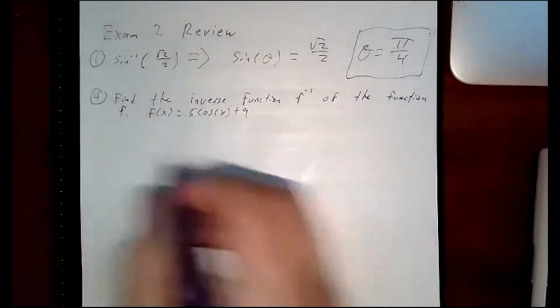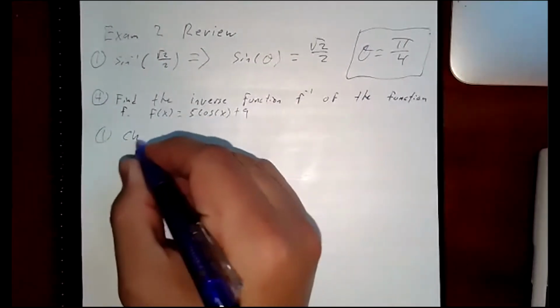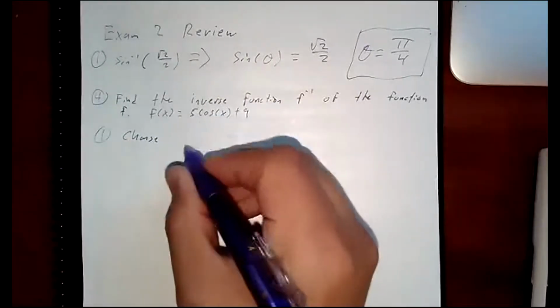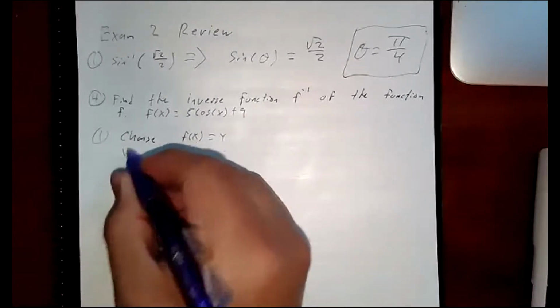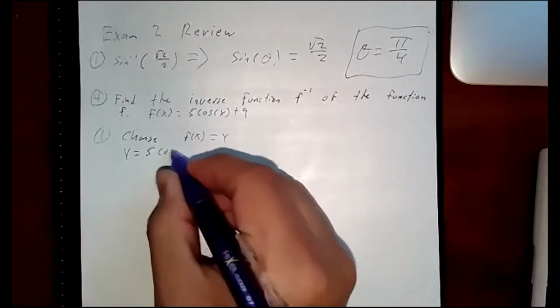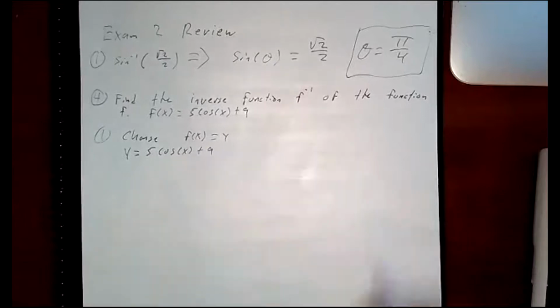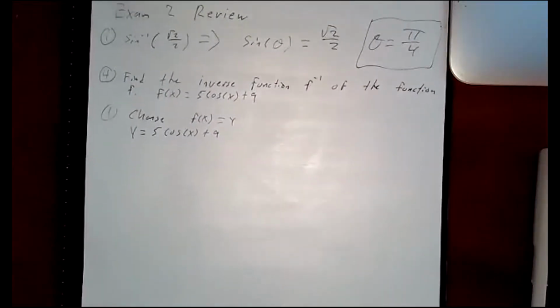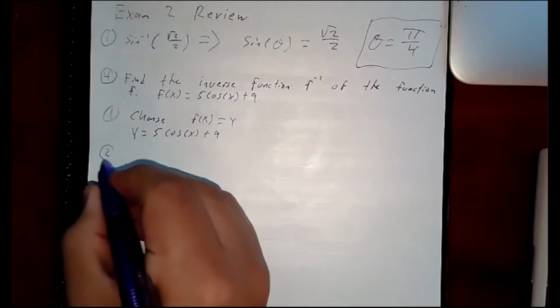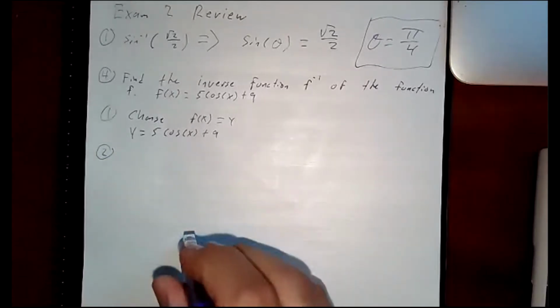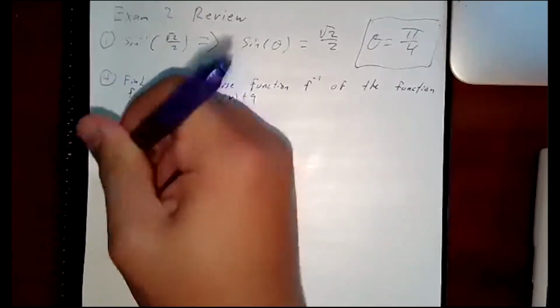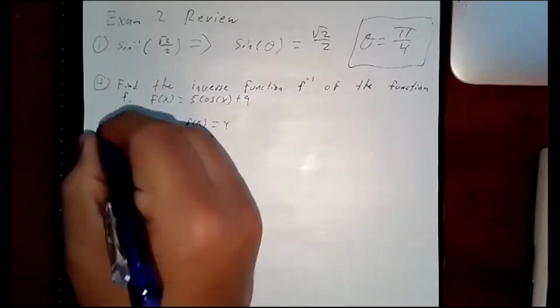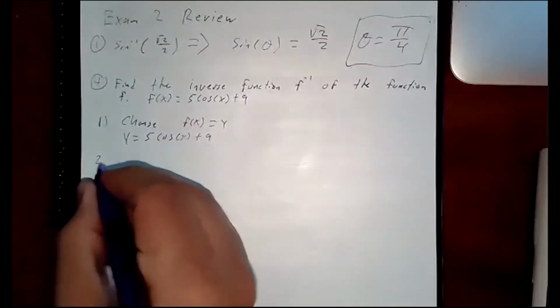So step 1, we said change f of x into y. So y equals 5 cosine x plus 9, right? Step 1. Step 2, maybe I should circle them because it looks like some questions. 1, 2.